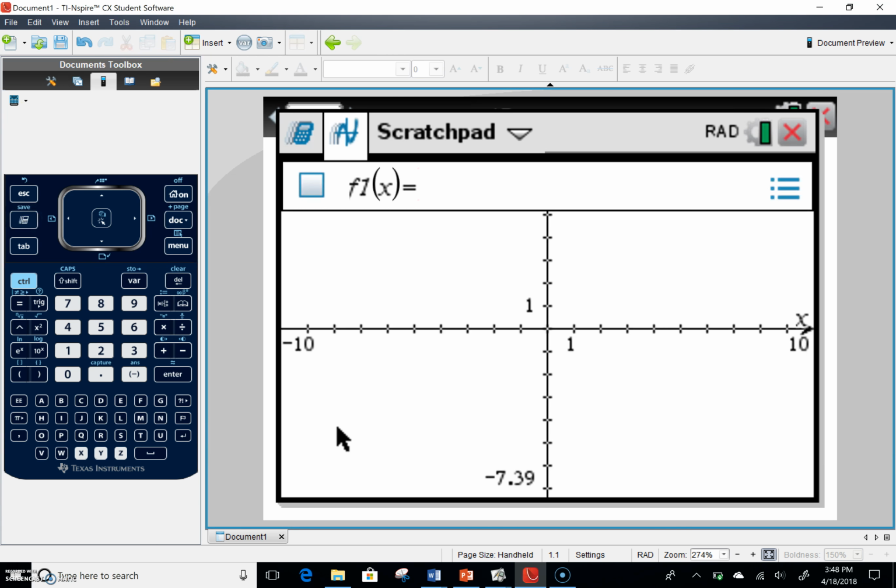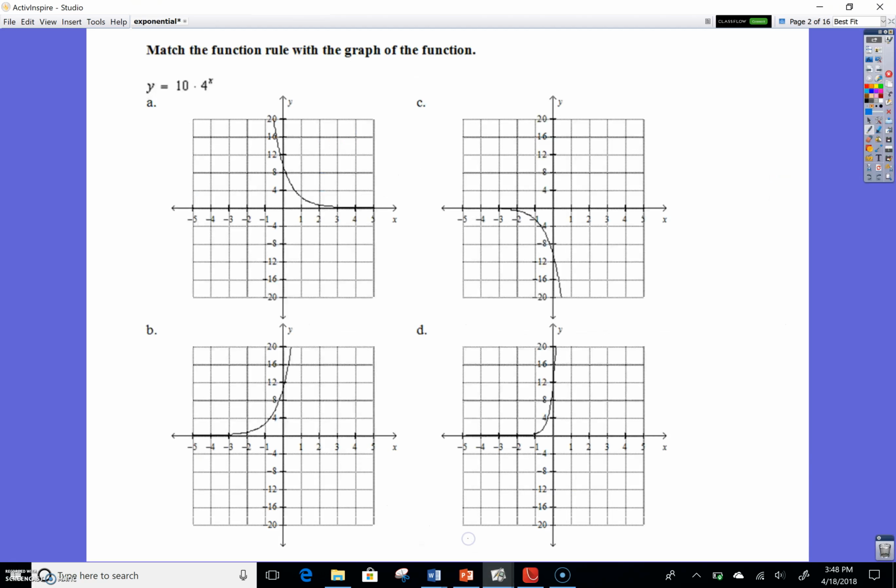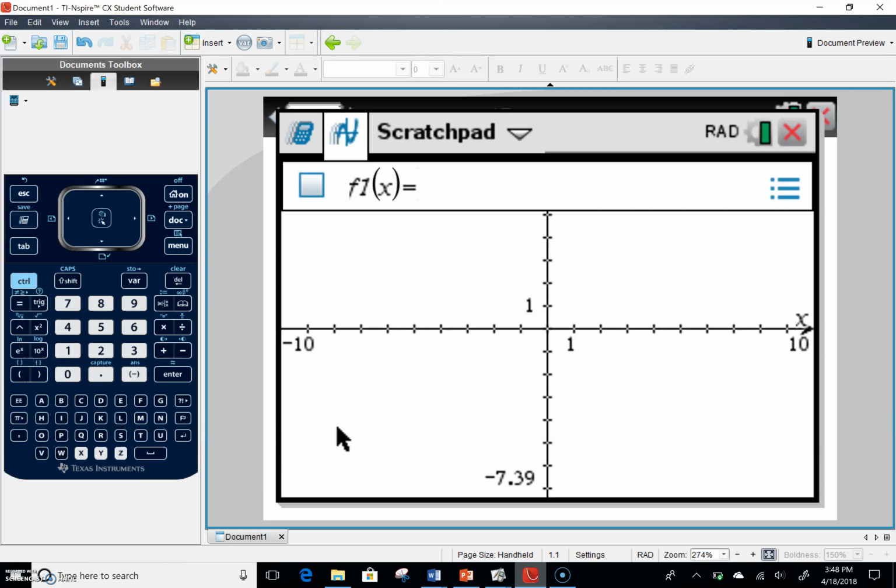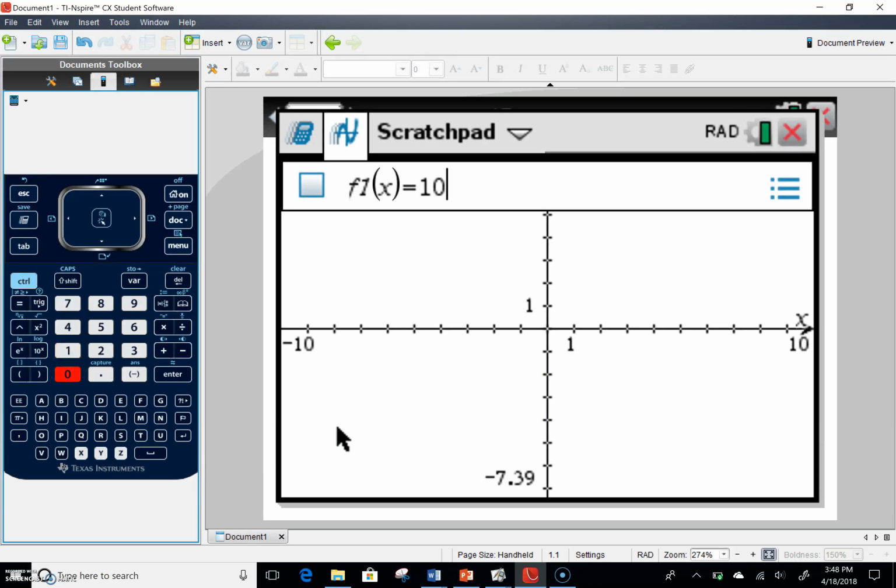So let's see, remember what it is. 10 to the 4th power. Enter. Okay. So is it 10?